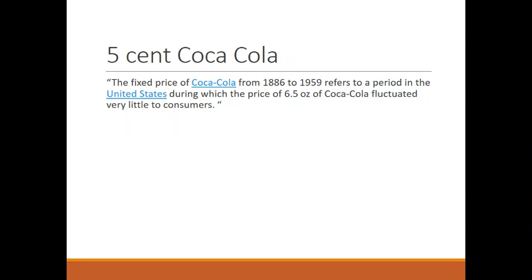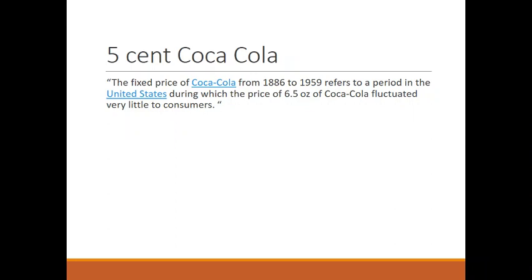Towards the end of this period, the Coca-Cola company was concerned that it would not be able to maintain the 5 cent price target. It was becoming economically unfeasible. But they were also worried that, at one point, the Coca-Cola company owned 80% of the vending machines in the United States.